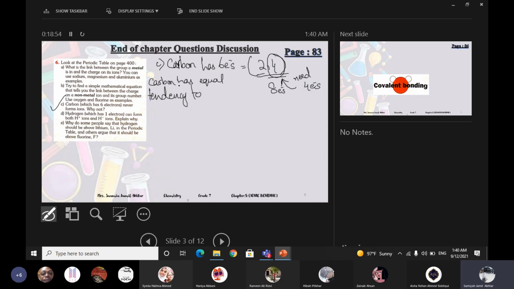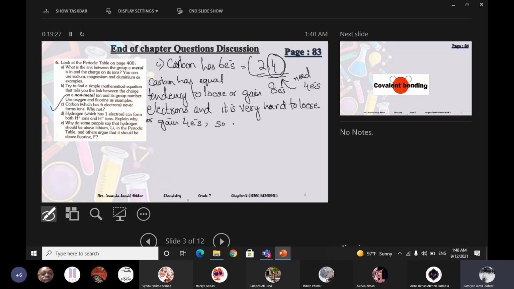So what you will write in the answer: carbon has equal tendency to lose or gain electrons, and it is very hard to lose or gain 4 electrons.